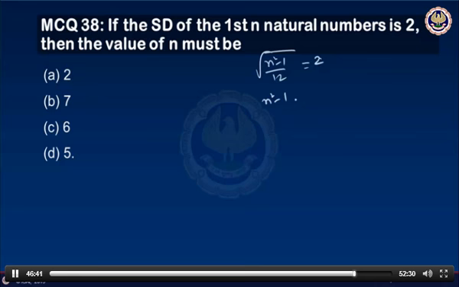Squaring on both sides, n square minus 1 by 12 equals 4, n square minus 1 equals 48, n square equals 49, n equals plus or minus 7, but we take the positive value only. So n, the number of observations, must be 7, then the value of SD will be equal to 2.